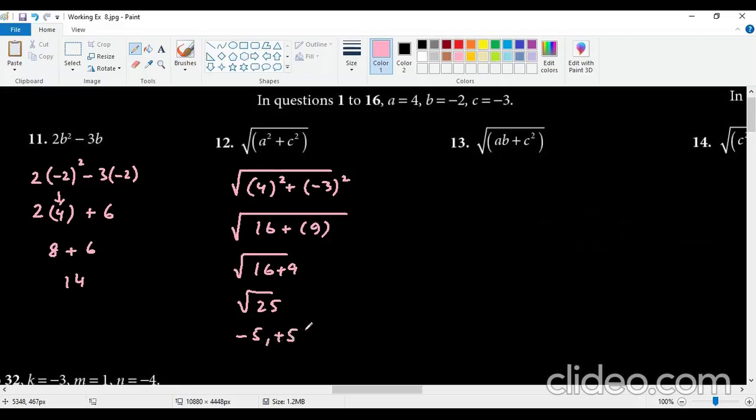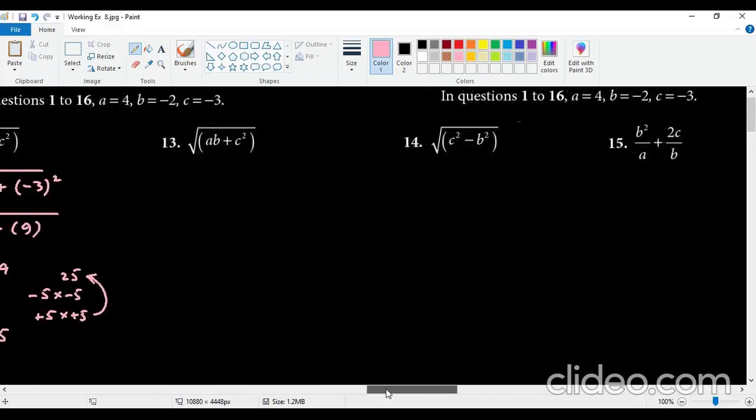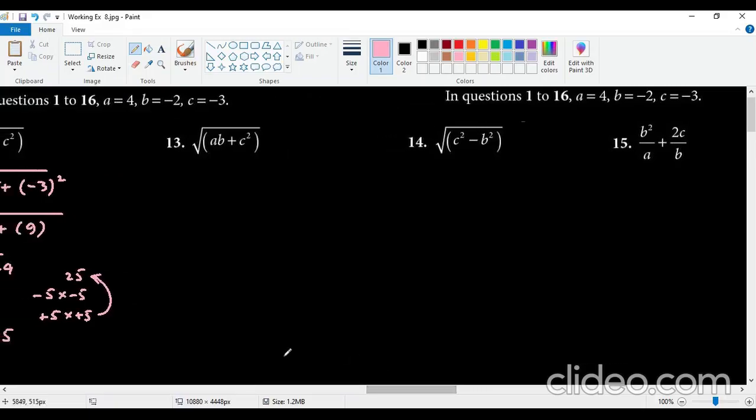So your final answer is going to be either minus 5 or plus 5, because 5 times 5 is 25. Why am I writing minus 5? Because minus 5 multiplied by minus 5 gives you a positive 25, and plus 5 times plus 5 also gives you plus 25. So whenever there is a square root, always remember that you get the values in negative and positive both.